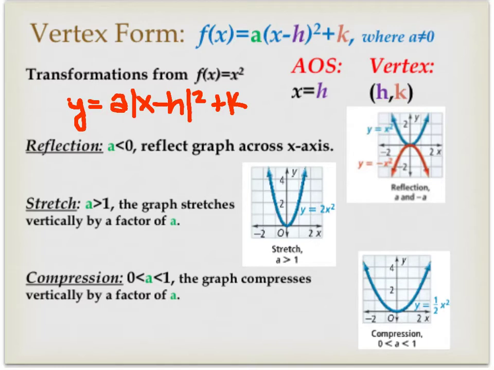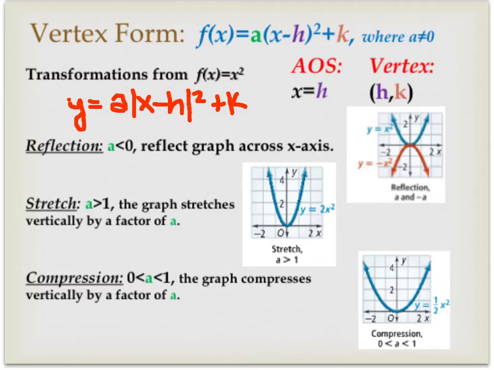So a here, if it's negative, it's going to be flipped over the x-axis. If a here is bigger than 1, so if you see 2, 3, maybe 3 halves, 5 halves, anything bigger than 1, that means it's going to be stretched. So it's going to get skinnier and skinnier, and it's going to get stretched up.